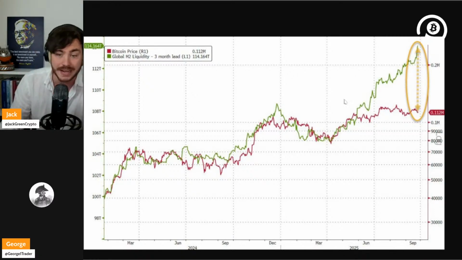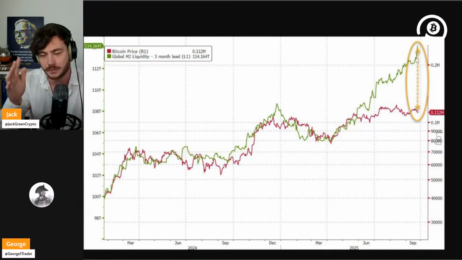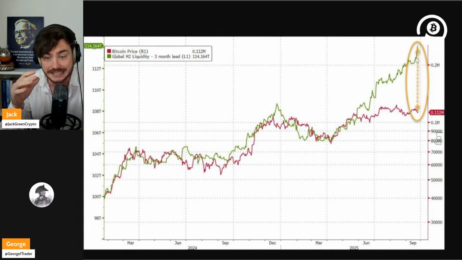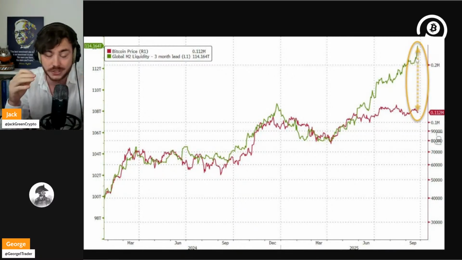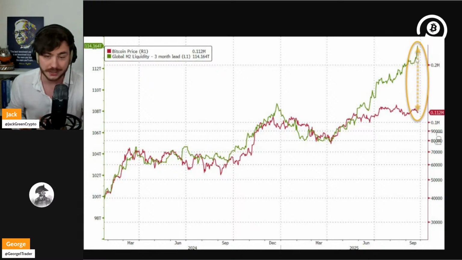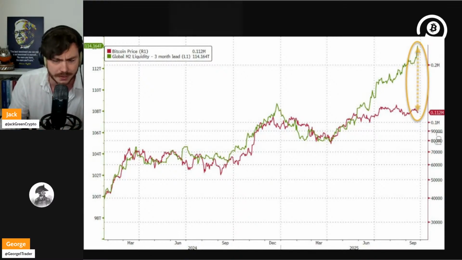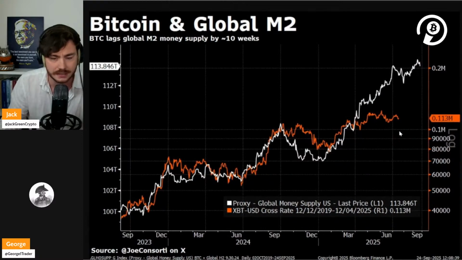And then secondly, why is this not moving up? And I will talk about this a little bit later, is that, well, liquidity has to go somewhere. And at the moment, everyone knows it, gold is going exponentially. So all the Fed liquidity, which usually should go to Bitcoin, is going into gold at the moment. And that's one of the reasons why it's not moving up. I got this one, but this is basically the same chart.